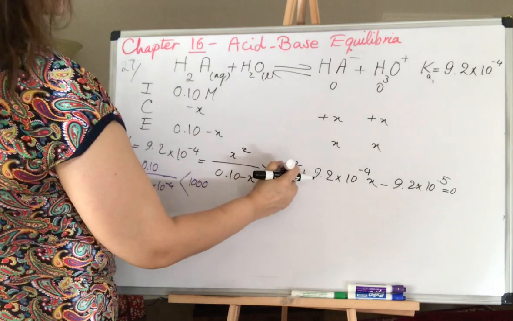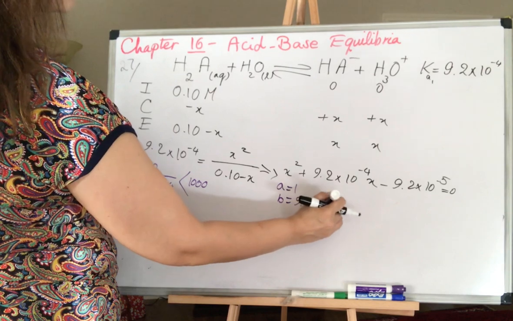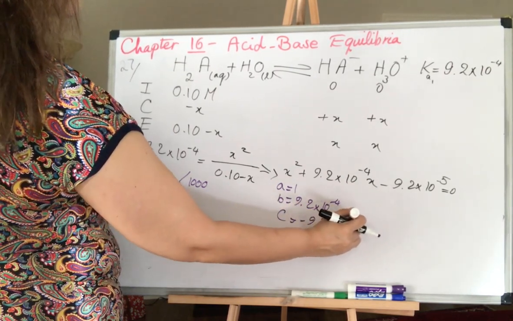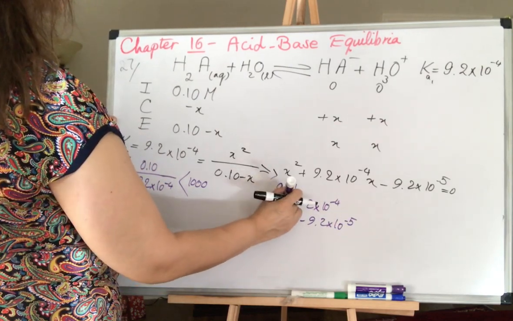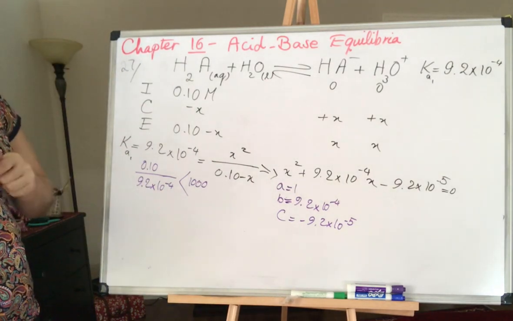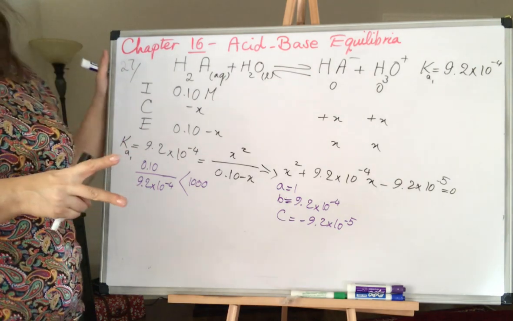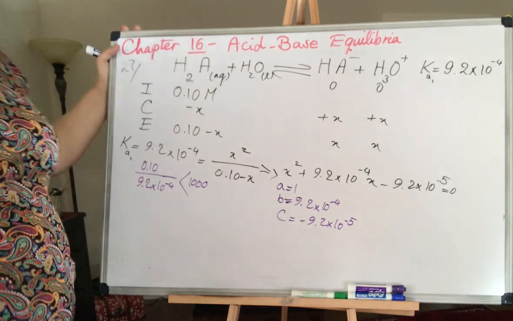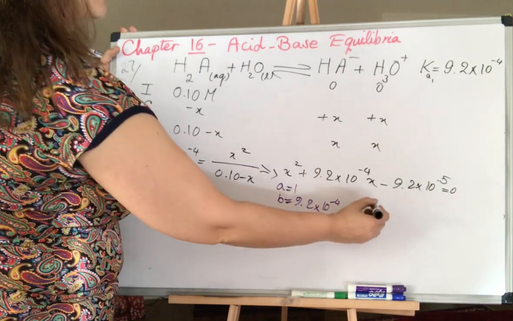And then now A is 1, B is 9.2 times 10 to negative 4, C is minus 9.2 times 10 to negative 5, and then you know how to find the roots for a quadratic equation. Minus B plus or minus the square root of B squared minus 4AC divided by 2A. When you find it, it gives you two values for X. One of them is negative, and the negative value for concentration does not have any meaning.